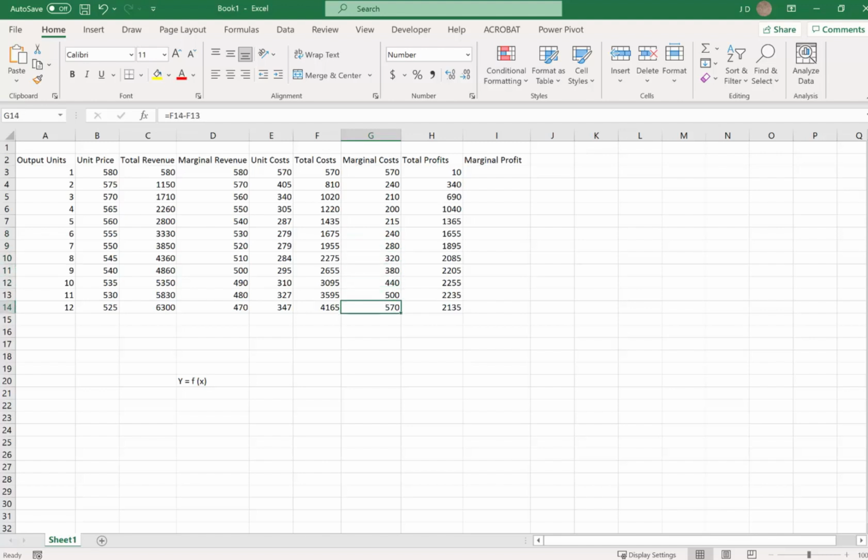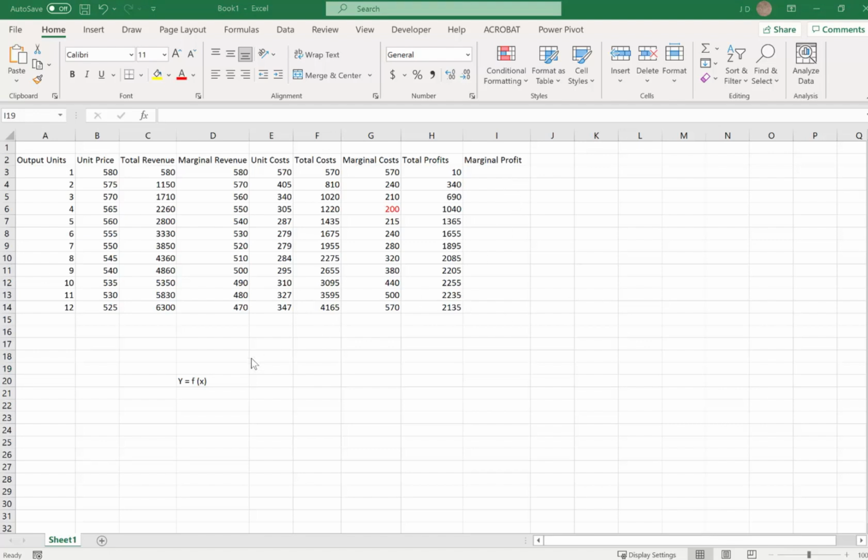So the marginal cost goes up, the marginal revenue goes down. That's how that works. So in this case, this is a turning point for marginal costs. That's our turning point.